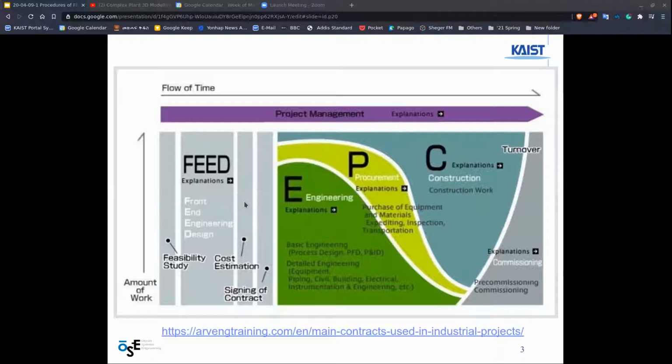Then there is a contract between a home builder and the homeowner, and the home builder builds the house, does everything, and then hands the home back to the owner. After getting the fully finished home, the owner does commissioning, that means checks if everything works. The horizontal axis on this graph shows the flow of time, and the vertical axis shows the amount of work done.